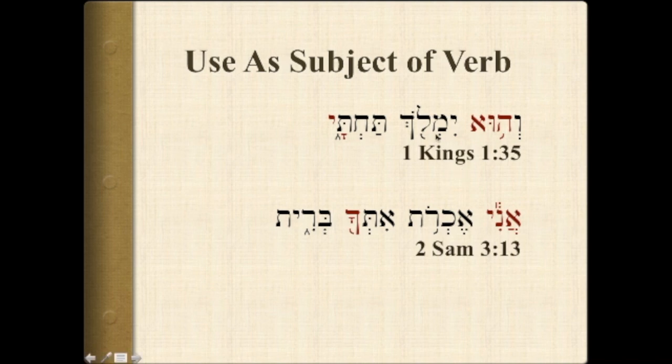Going back to our examples where we saw the independent pronoun being used as the subject, I just wanted to point out that in the same clause, you also have the use of a pronominal suffix plus a preposition. So after me, and here the preposition with plus the suffix, so with you.